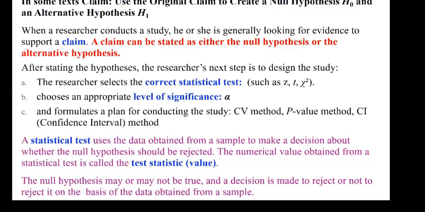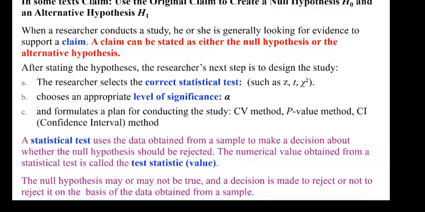So the idea is this: we go through the process, and the process involves the very first step we've already discussed, H0 and H1, and then some calculations. The calculations involve one of those methods, the critical value method, the P-value method, the confidence interval. And so with that in mind, we come up with a statistical test, which again depends on the nature of the question, whether it's dealing with a proportion, mean, or standard deviation or variance.